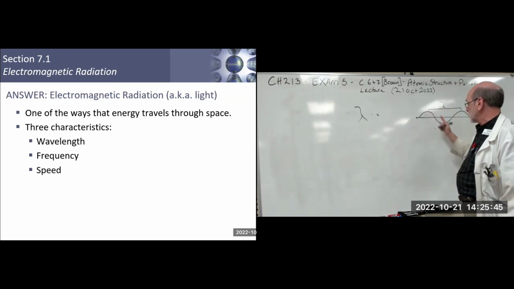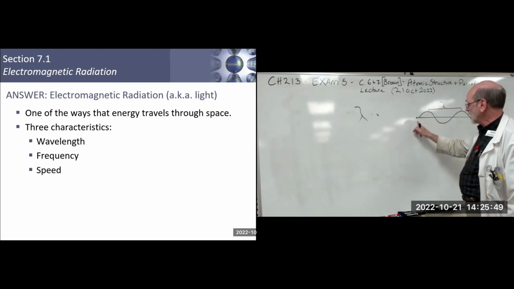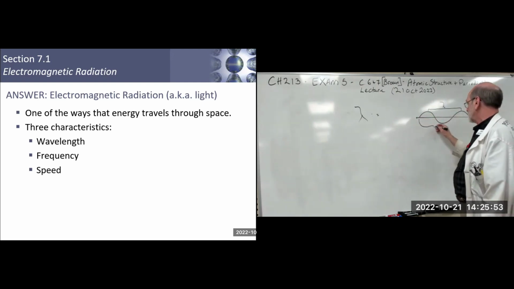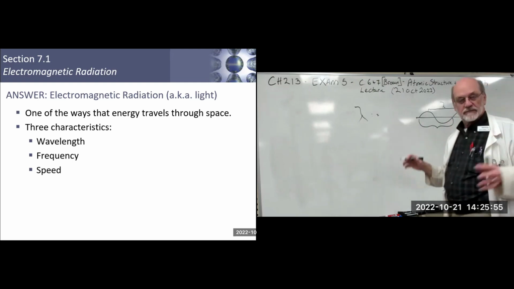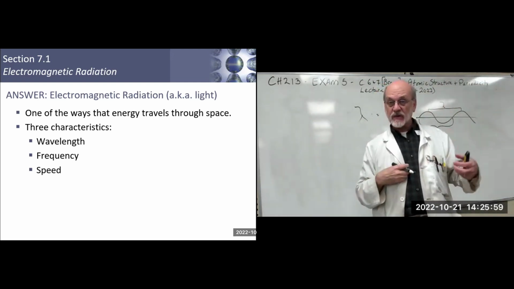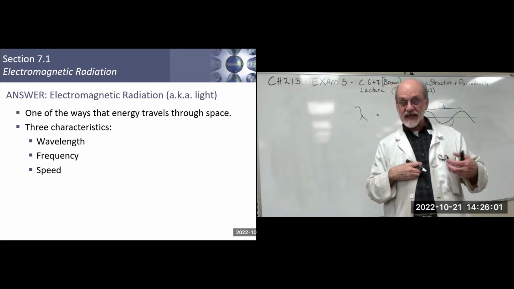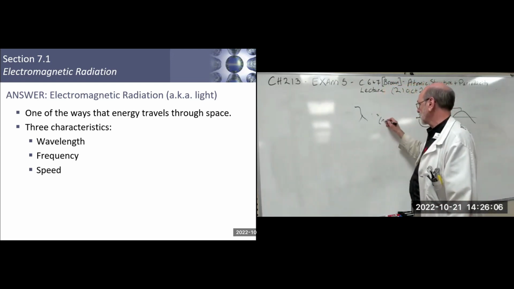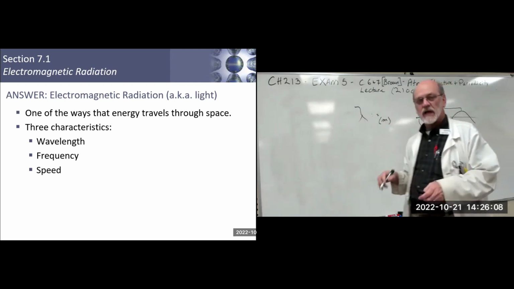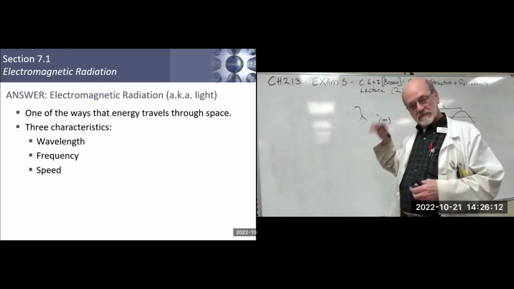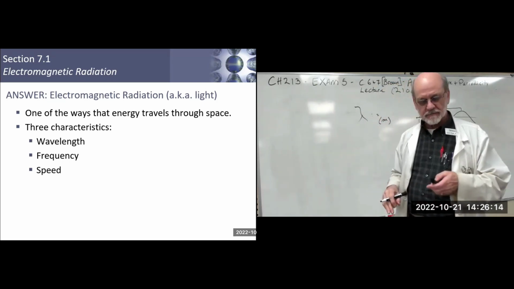You don't go from this hump to that hump, you go from this hump to that hump. Or you could go from where it comes up across the line and up across the line again. Same thing. That's a wavelength. And the standard unit for the wavelength is the meter. That's the SI unit for wavelength. We use other units when they're convenient, but that's the fundamental unit.